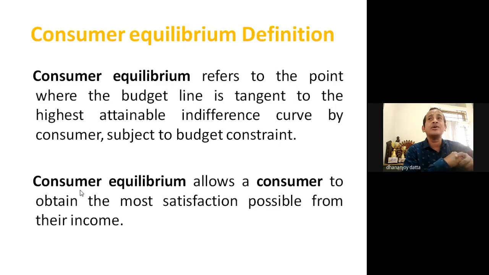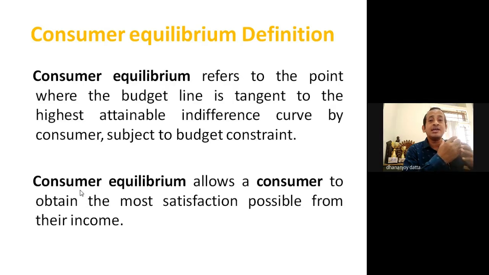Now we'll start the consumer equilibrium definition. Consumer equilibrium refers to the point where the budget line is tangent to the highest attainable indifference curve by the consumer, subject to budget constraint.